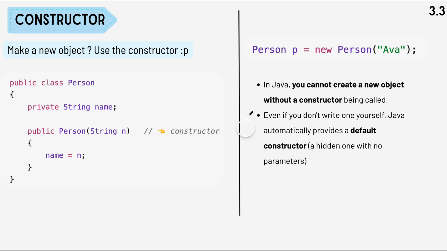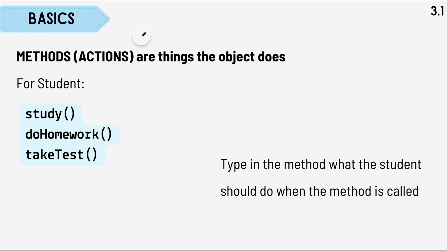So that's the constructor, and this is the format of declaring an object. If you didn't write one, you're going to get a hidden default constructor with no parameters. So every class has a constructor.